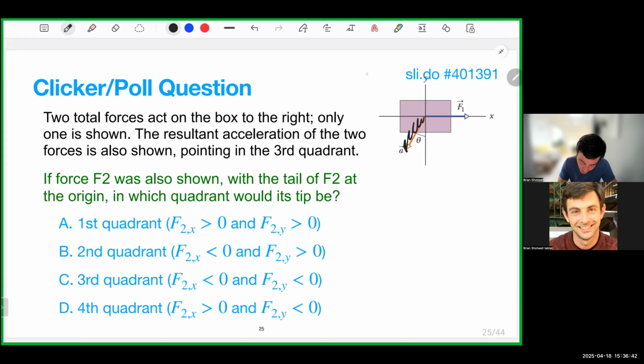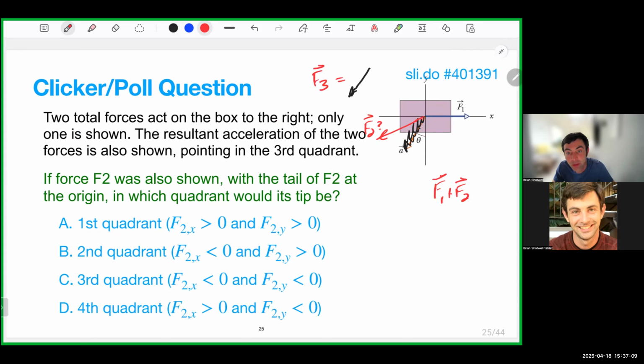This acceleration is a result of adding up two forces. So we need to find another force so that when we add it to F1, we get the net force. We need some other F2. We don't know where F2 is pointing. And we want F1 plus F2 to point down and left, in this direction. The resultant will be called F3.